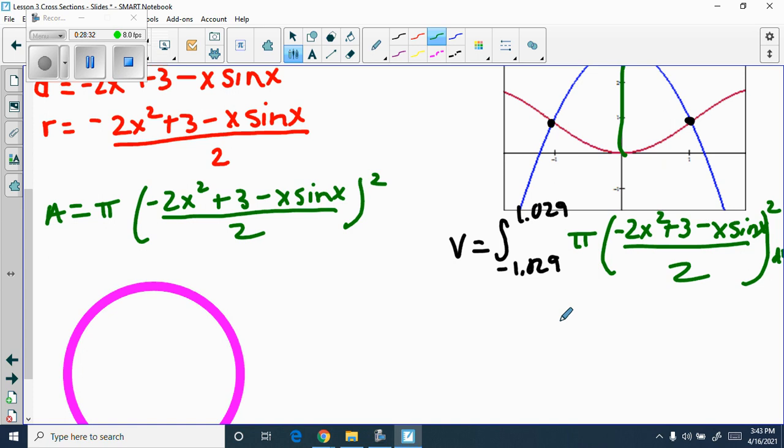And our final answer ended up being 7 point, I don't have that value written down, but it's 7.62 something, I believe. 7 point something.